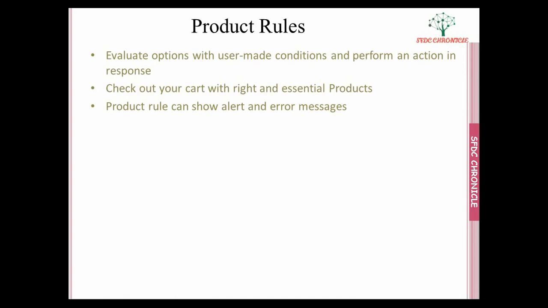So to overcome all those human errors, we actually use product rules that help us evaluate whether the options present in the cart are valid or not, or whether something mandatory is missing or not, based on some predefined condition, and that will perform the action.